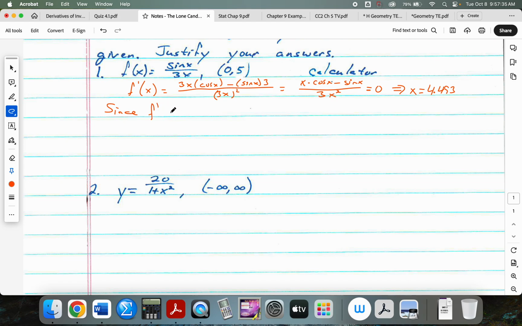Since f prime changes from negative to positive at x is equal to 4.493, f has a local minimum at x equals 4.493.